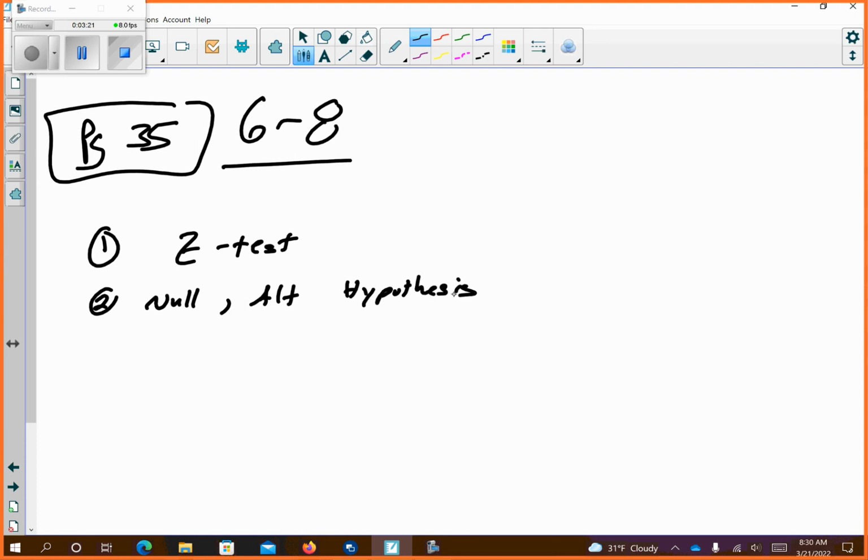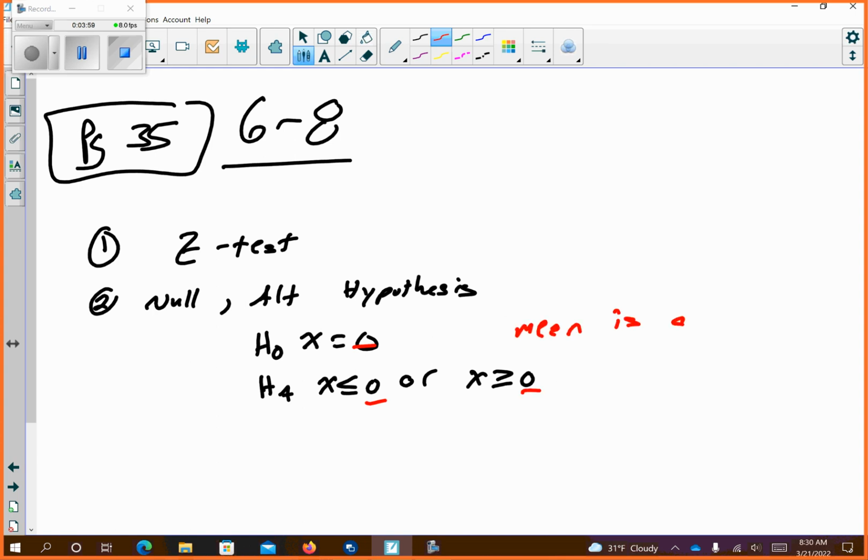Okay, now the one thing about the hypotheses, originally in the very first part of the chapter, we wrote out an entire thing, making sure that the null had the word not or no, something like that in there. But realize now we're basically saying, hey, H naught is less than or equal to 0, or you could say is equal to 0, and then H alternative, X is less than 0, or X is greater than 0, where 0 is just whatever the mean given would be.